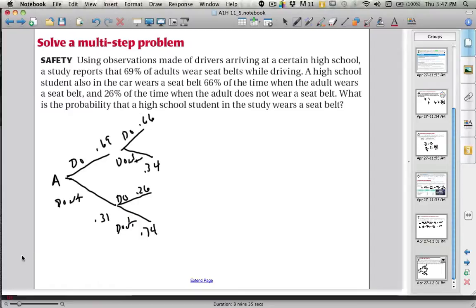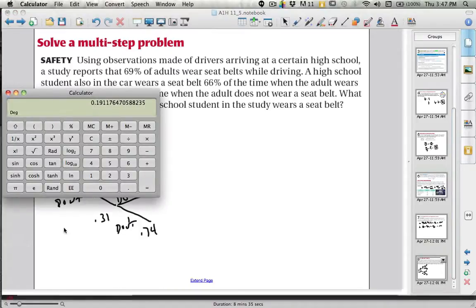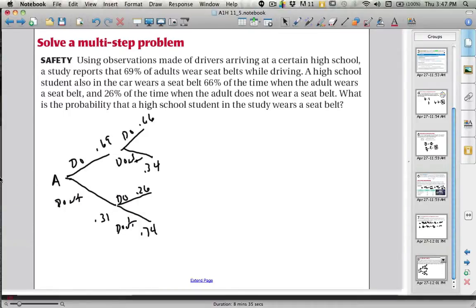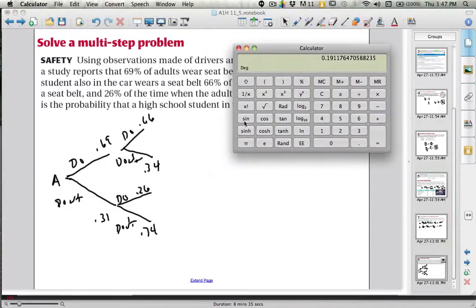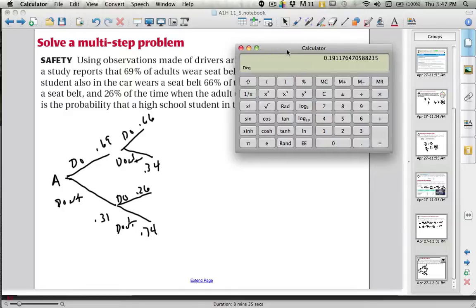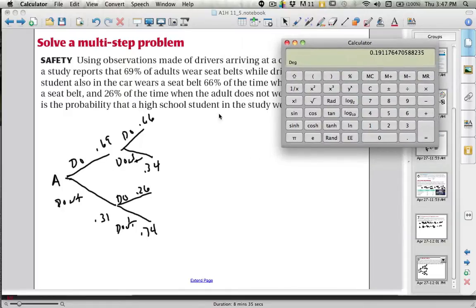So if I want to find the probabilities, in fact, this is really valuable when somebody wants you to be able to tell the probability of everything that might occur. So if I want to know the probability that the student does wear the seat belt when the parent does, it's the probability that the parent does times the probability that the student does, and that's 0.4554.